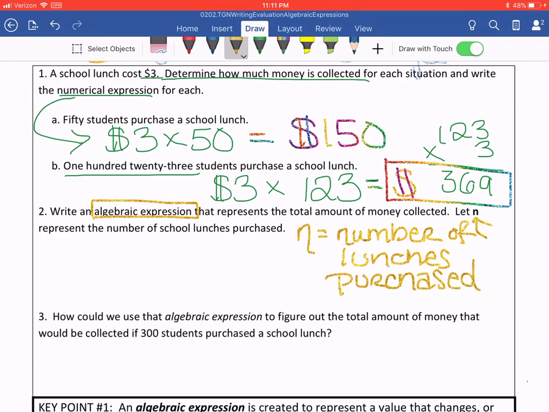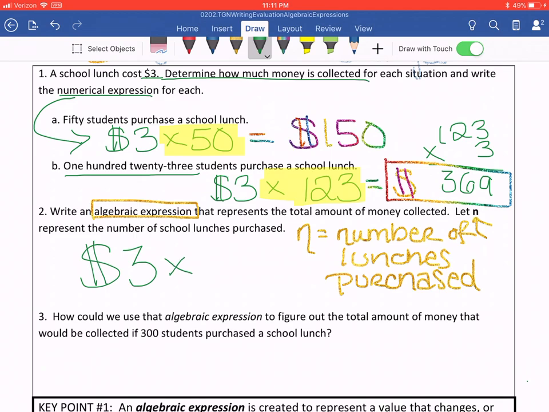Once I know that I have my variable locked in, I've written down what it's going to be, I can go ahead and write that algebraic expression. Because I noticed that this number was the one that was changing, the one representing the number of school lunches, we are going to replace that varying number with that letter N. So my $3 is going to remain exactly the same.